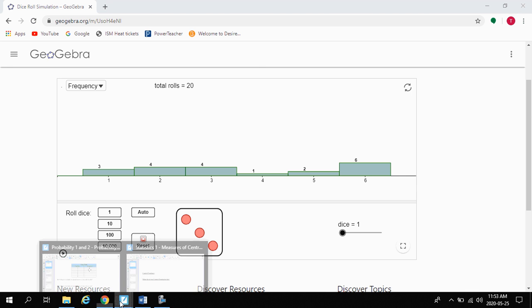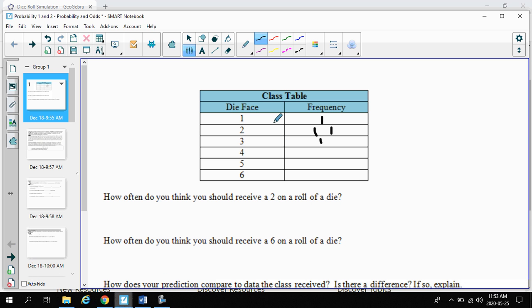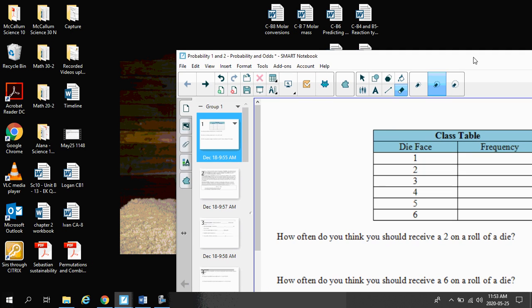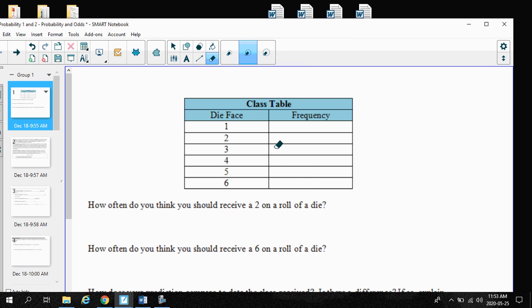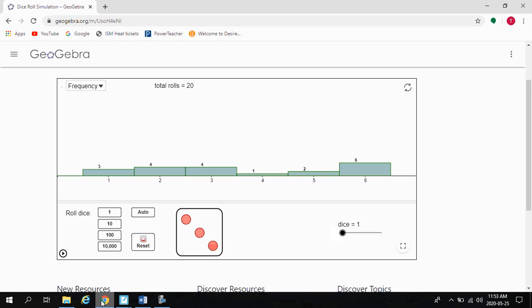So if I were to put that into my chart, sorry, I will erase it. I think it was something like, let me use my tablet. 6 4 4 3 1 2.